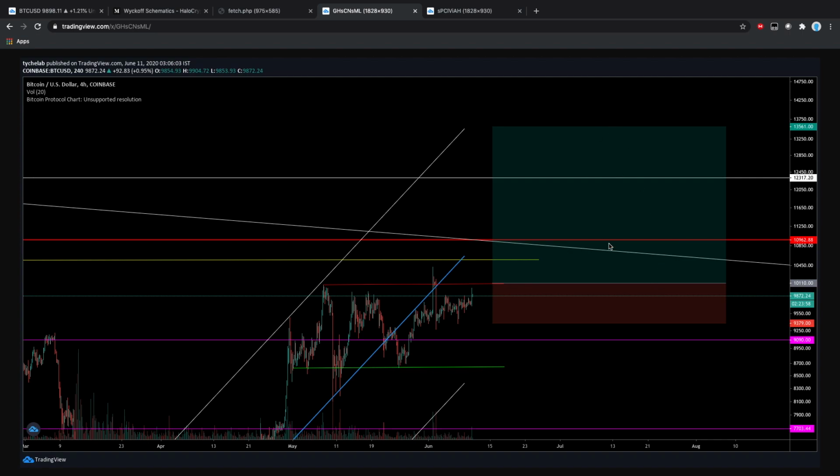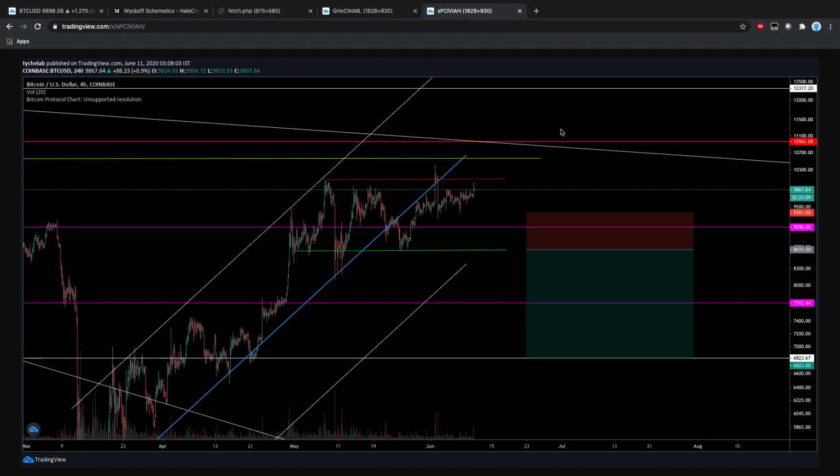So these are the three targets, and this will be the entry in case of the upper side breakout. Once the 10110 breaks out, you should open a long with a stop loss of 9379 and have these targets in play. And you can just move your stops, book profits on each level, and keep moving your stops, and you will be fine.